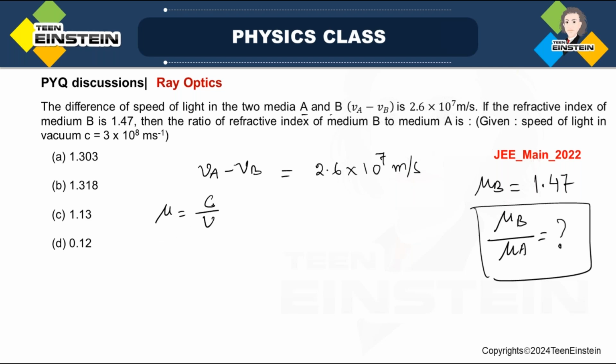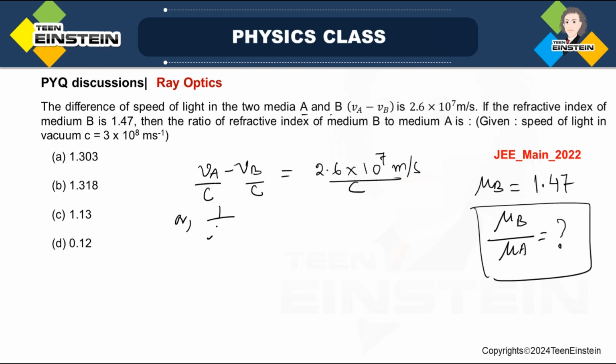Then let us do one thing. We can actually divide both sides. Look, I'll just divide this with C and this also with C. Then what I get?